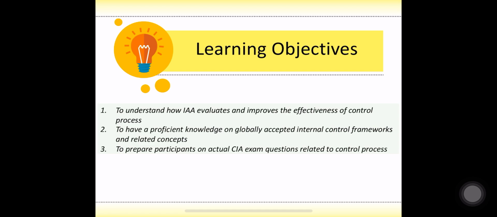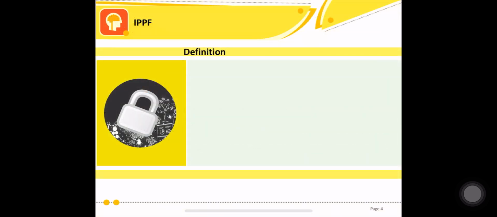Then we will have a proficient knowledge on globally accepted internal control frameworks and any related topics or concepts. And lastly, the same pattern, we're gonna have our CIA exam questions. I will also give actual exams, so take note of that later, and we'll help you on how you are going to answer those.